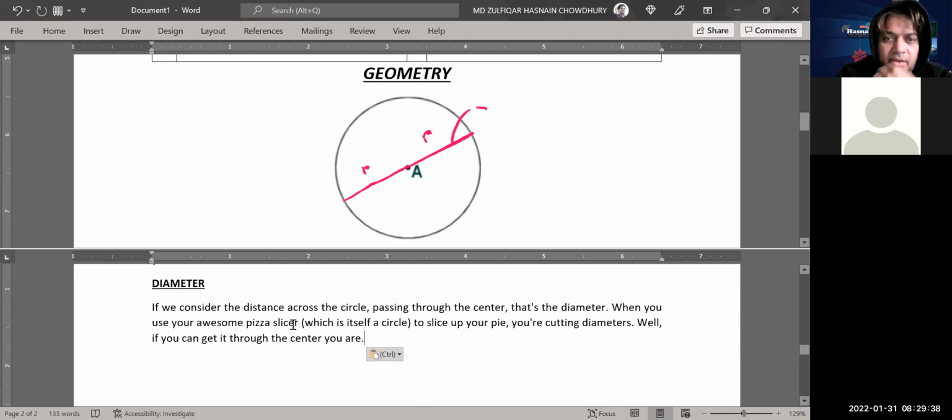So both are distances. The distance between one point of the circumference and the center is known as what?